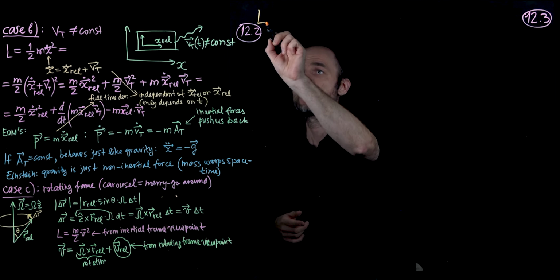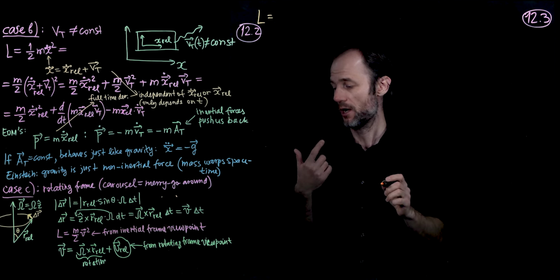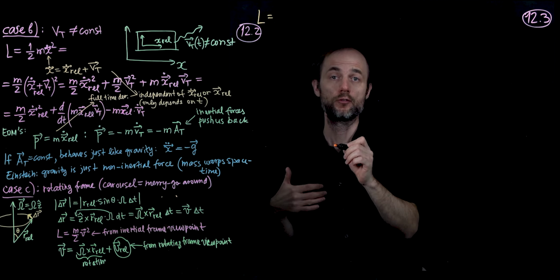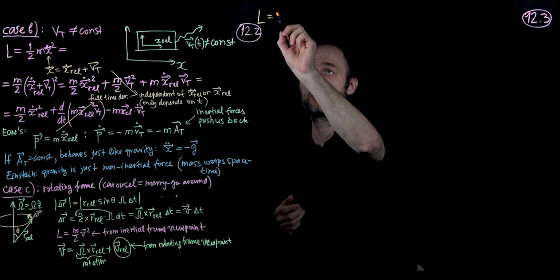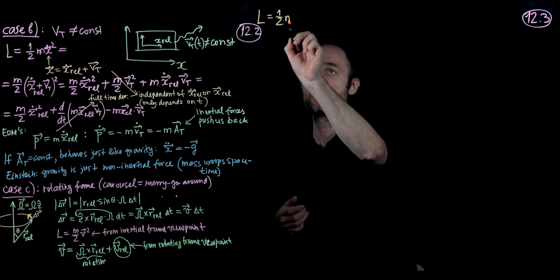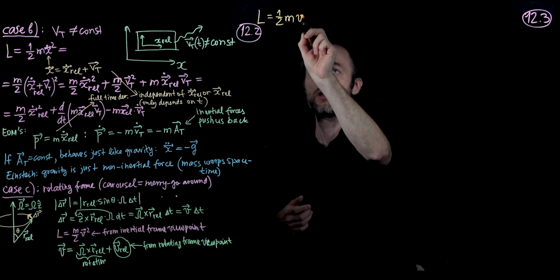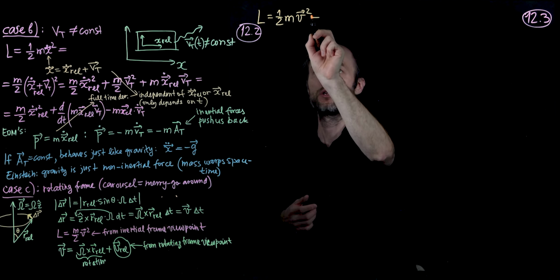Well, let's write down what the Lagrangian is, first in terms of the lab frame coordinates and velocities, and that is 1/2 mv squared.